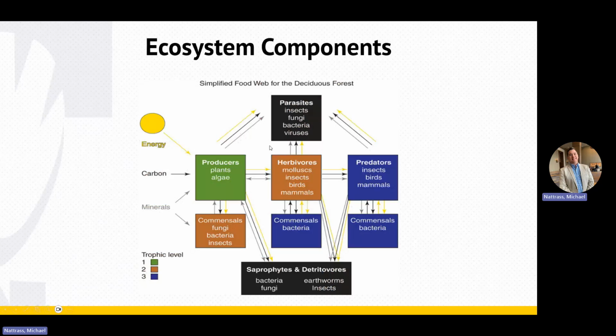So all big picture, we've got this food web of like this deciduous forest, and everything is energy for something else, and everything sort of lives in this ecosystem, and they found their niches such that everything can survive and keep everything in balance.